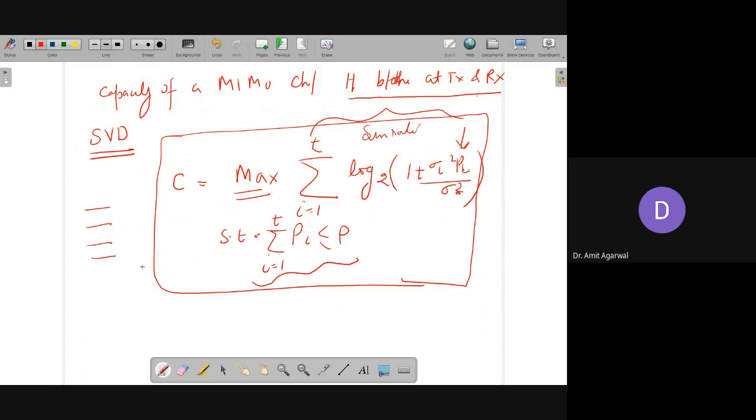This is a constrained optimization problem, and it can be solved by using the Lagrange multiplier method.